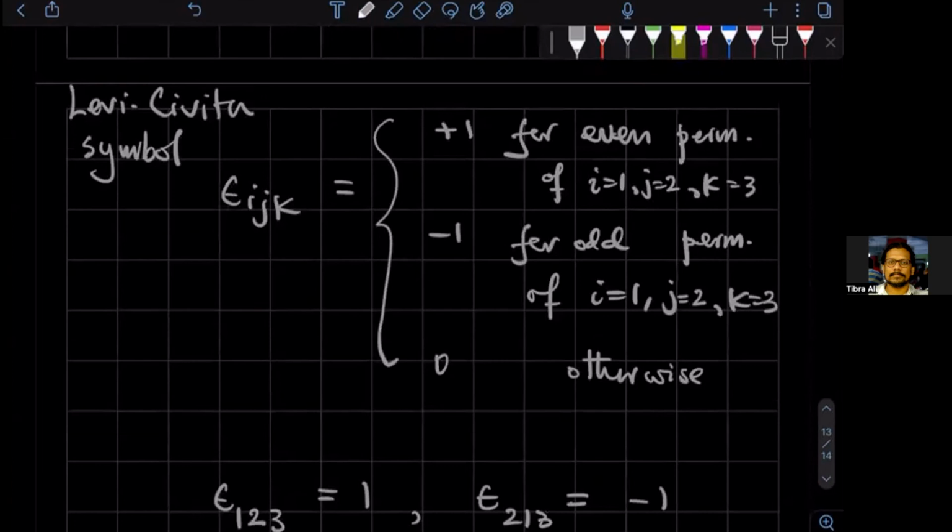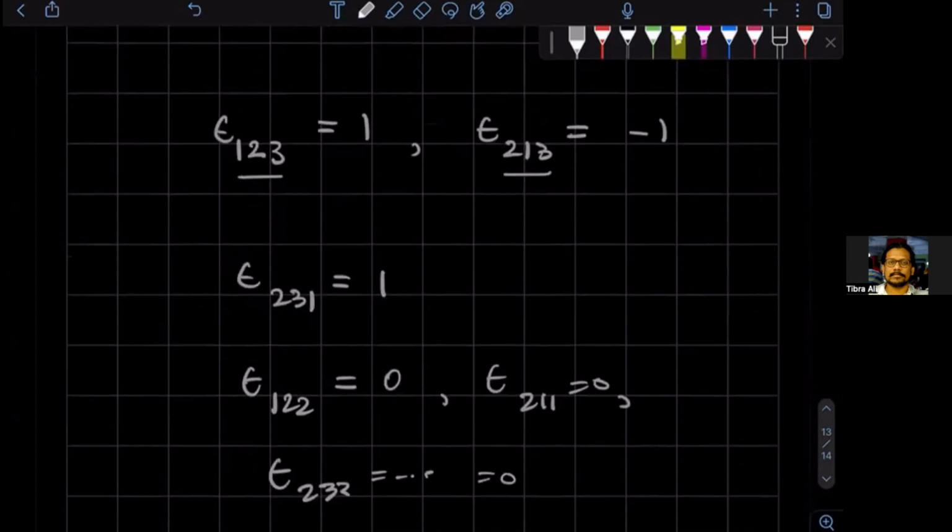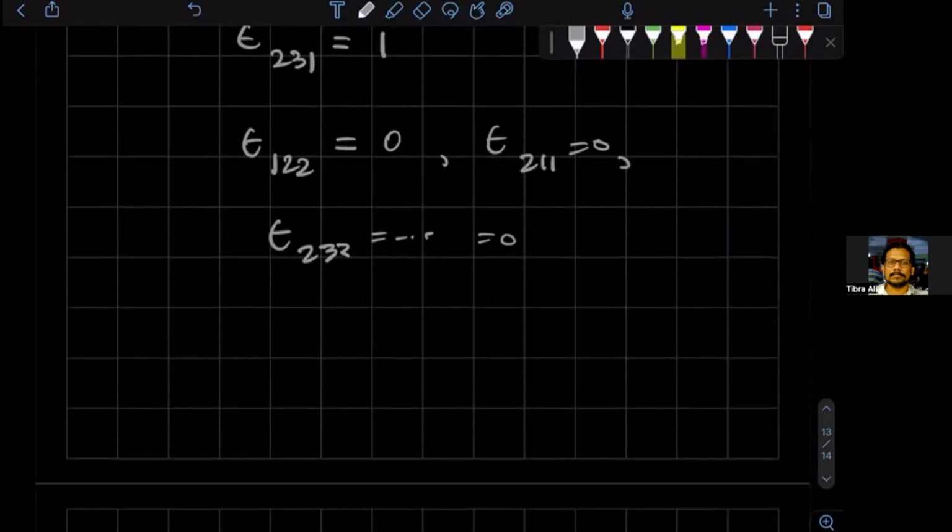Okay, so this is the Levi-Civita symbol. Have you guys seen this before? Yeah, I saw it before. Anyone who hasn't seen this before? Okay, this is essentially the object behind cross products.